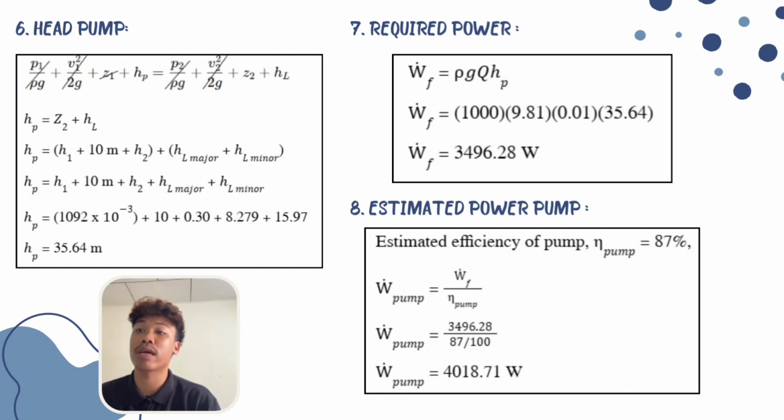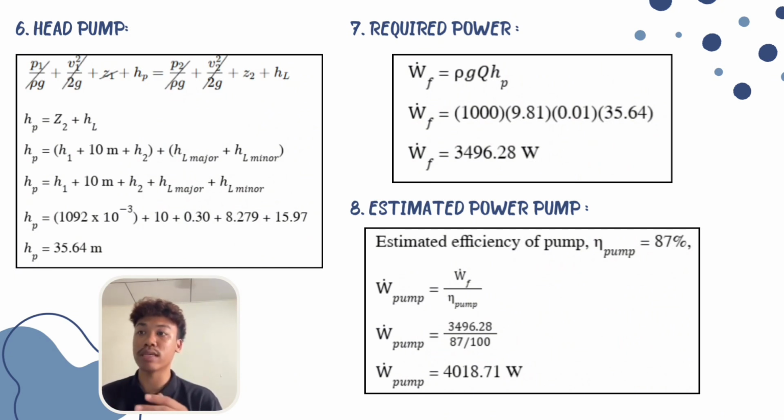After we calculate the head loss major and head loss minor, we can find the head pump. By using the formula P1 over rho g plus V1 squared over 2g plus Z1 plus HP equals P2 over rho g plus V2 squared over 2g plus Z2 plus HL, after simplifying we get HP equals Z2 plus HL.